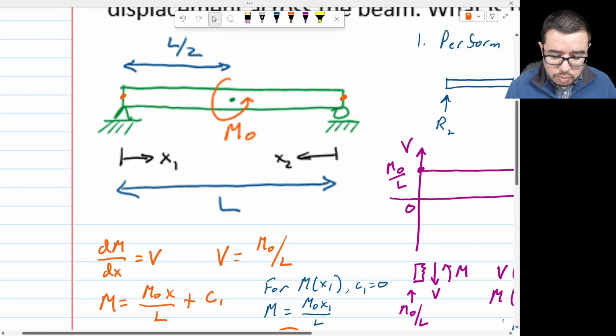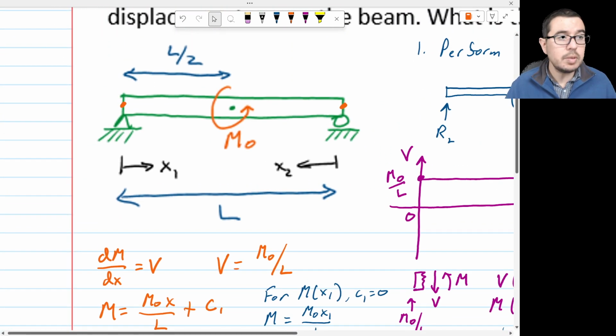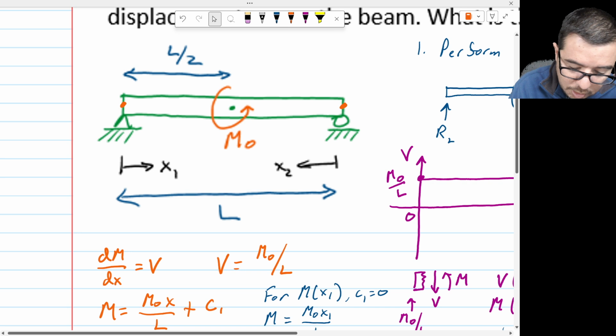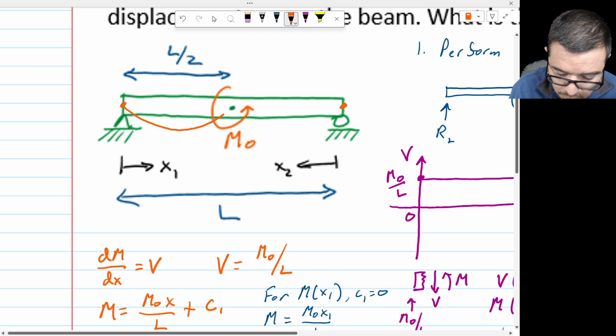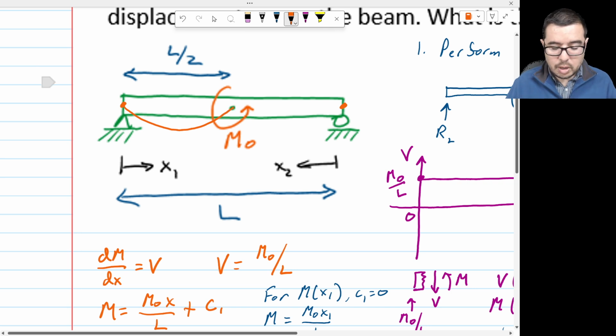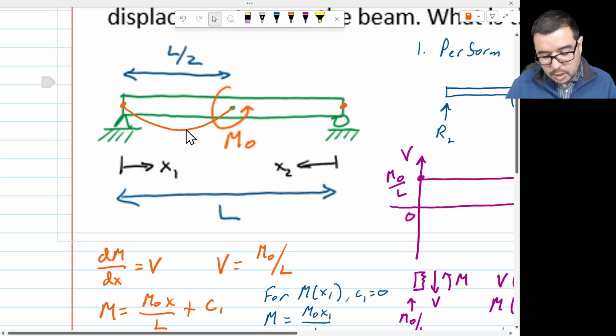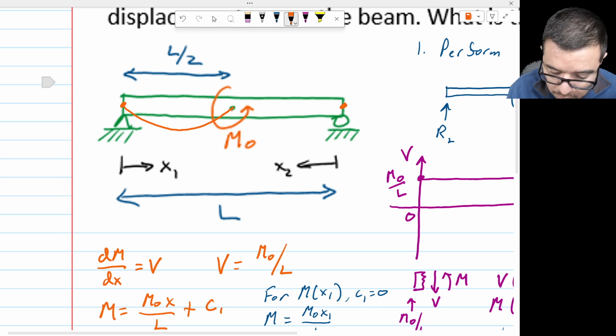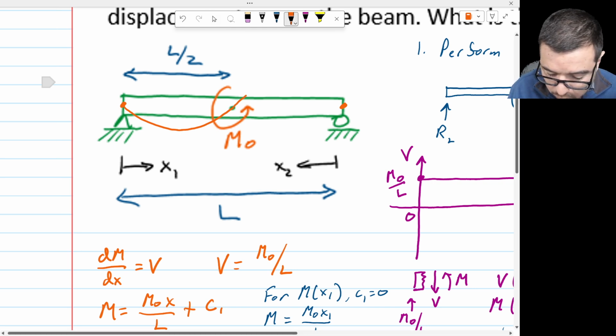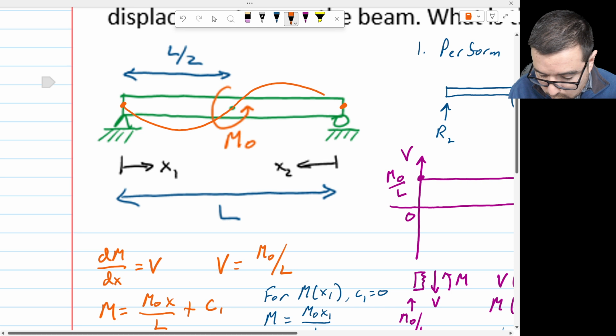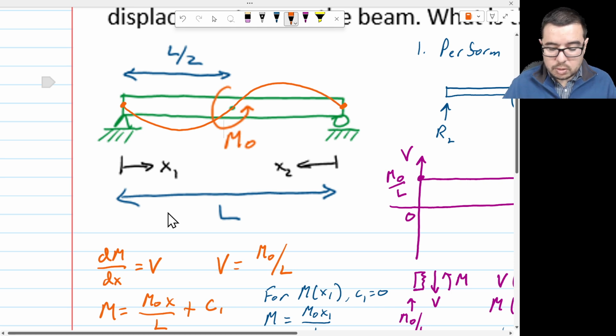So we can draw something that looks like this, which describes the positive curvature that we see here, and then something that looks kind of like this, which describes the negative curvature on this side.